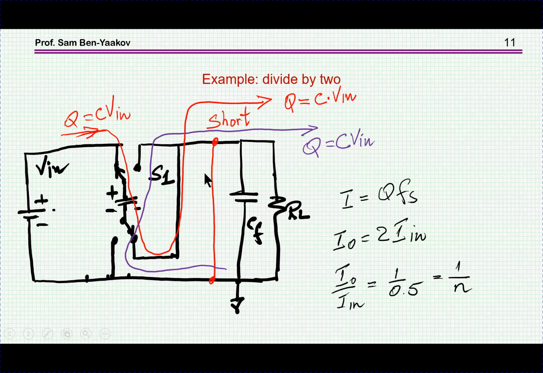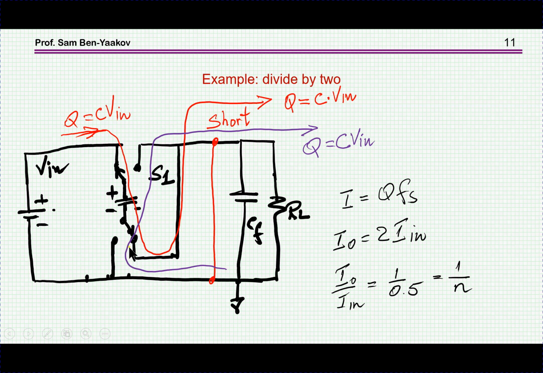Now let's take another extreme example, and for those who still don't believe what I'm saying, if I take a short here, okay, just a short, I'm shorting out the output. What happens? Well, let's assume that we start with a capacitor which has 0 voltage on it. Then it will charge here to the input, and this is the amount of charge coming out.